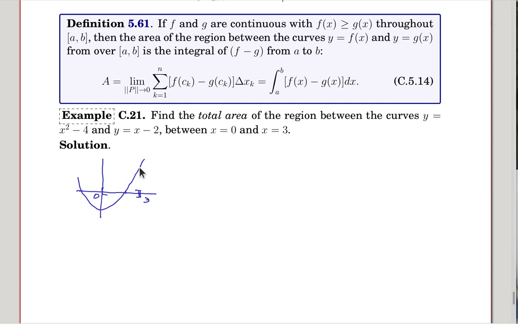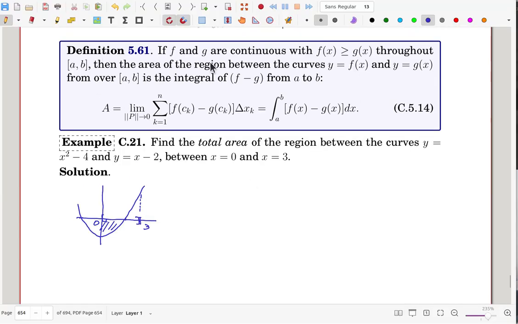So here we have to get the area. Another curve is x minus 2, so it's passing through minus 2 here, and once x is 2 it is 0, so it's passing through the same point.